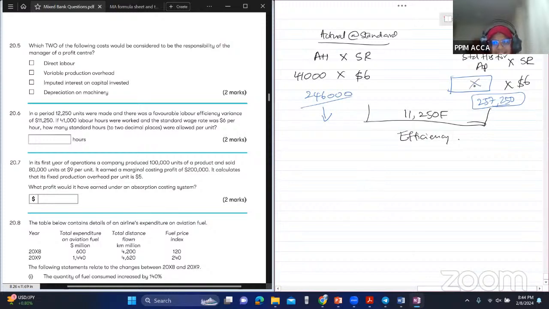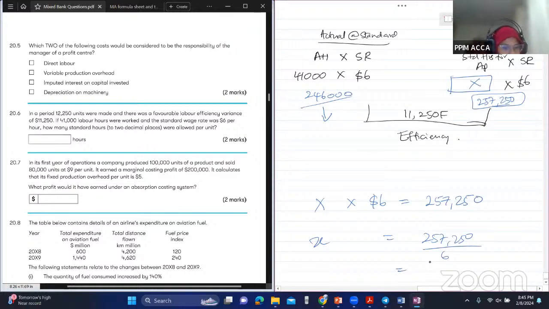If that was X into 6 should give me 257,250. So the standard hours for actual production X will be 257,250 divided by 6, which is, let me check, 42,875.